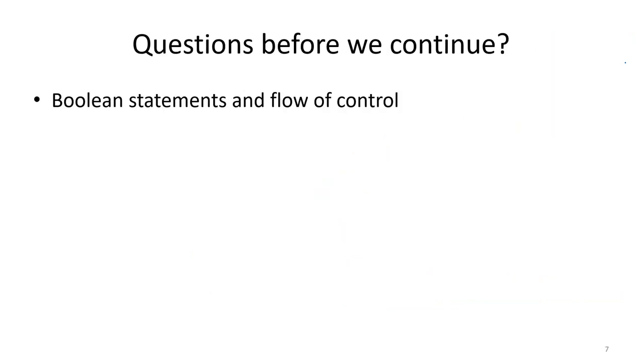All right, so let's go ahead and move on to our new topics about Boolean statements. And remember, if you have any questions on what we've covered so far, feel free to reach out.